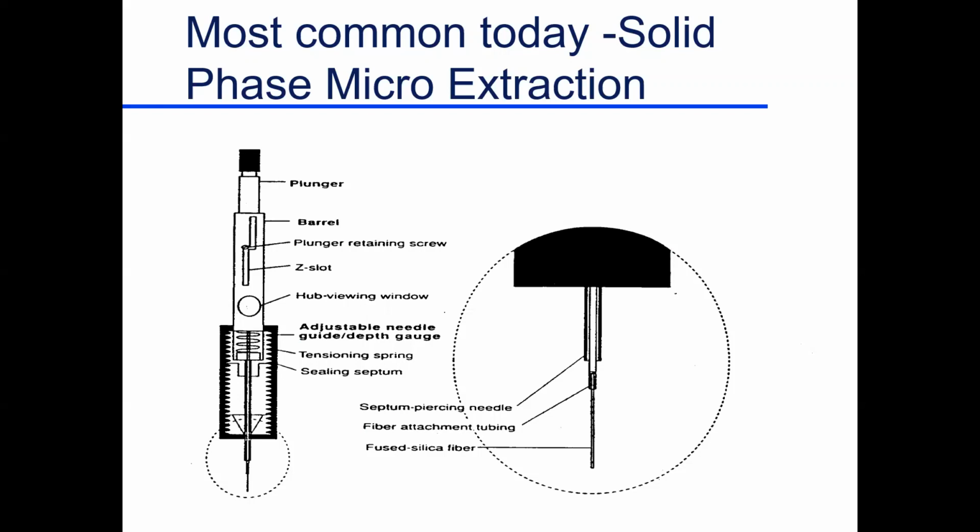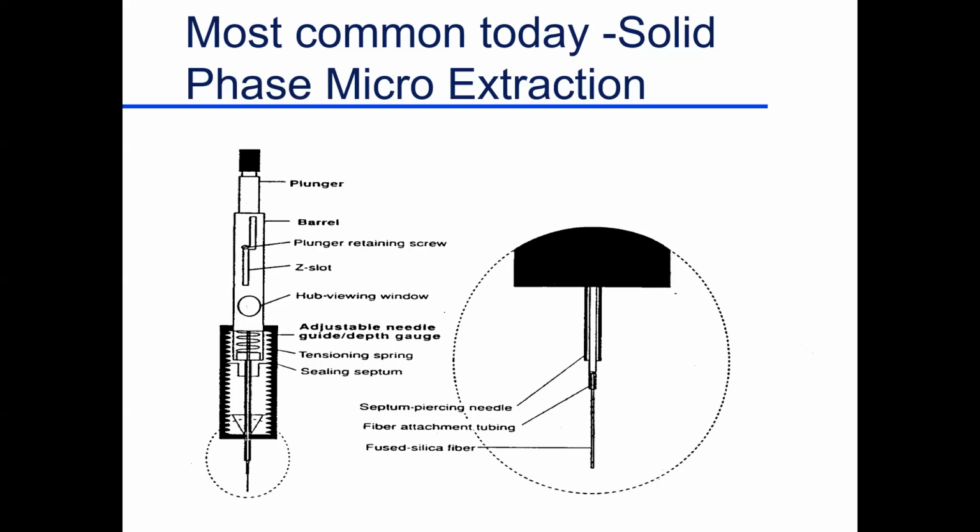This little glass filament has an absorbent on it, and so any volatiles in your sample will get absorbed onto this fiber. Then you pull it back in to protect it and put it into a gas chromatograph, a very hot place. And everything you collected here now goes into the gas chromatograph. So this is a really neat way to get a sample. It's very simple.